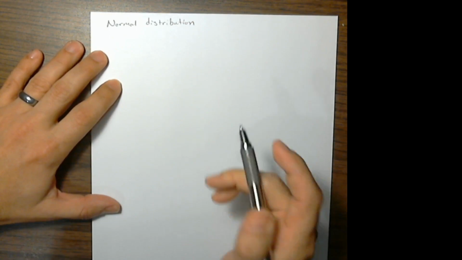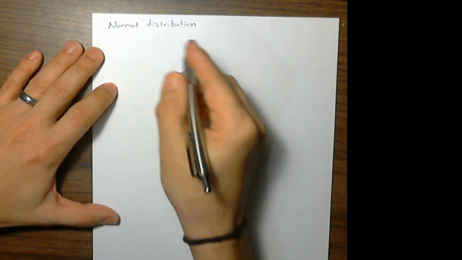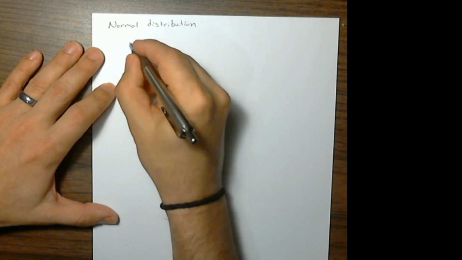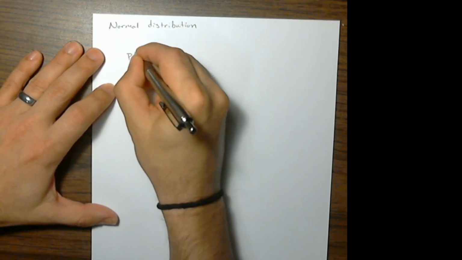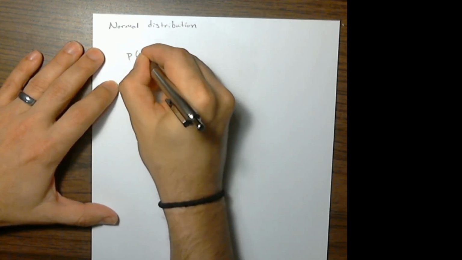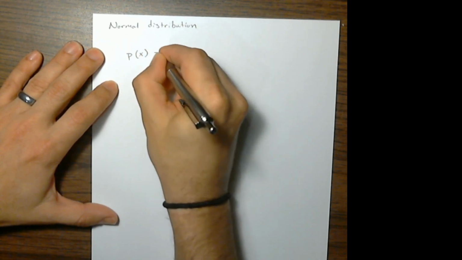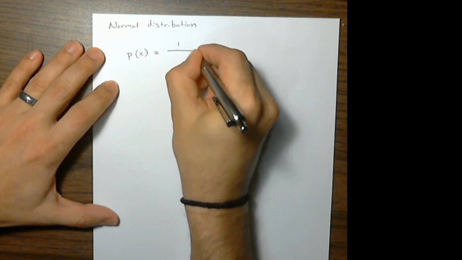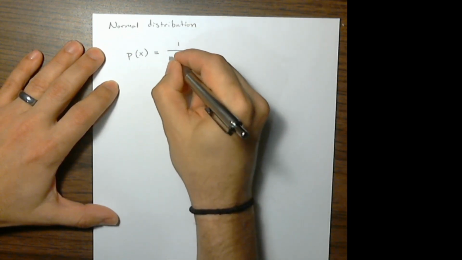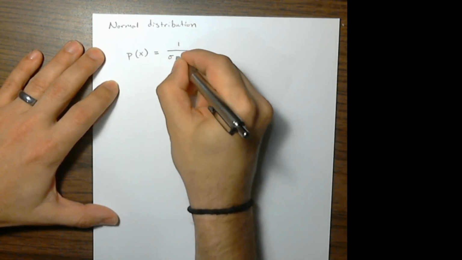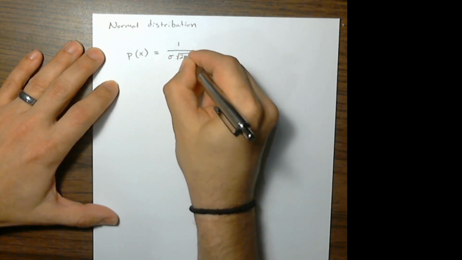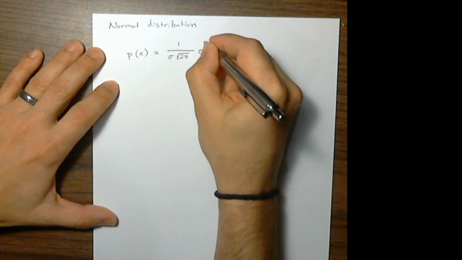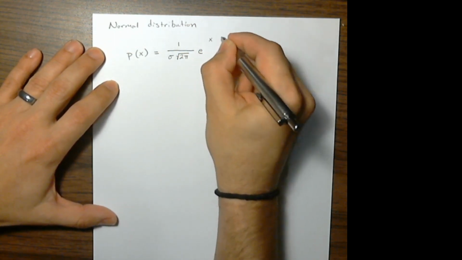The normal distribution, something like this: the probability density of x is, let's see if I can remember this. It's been a while.